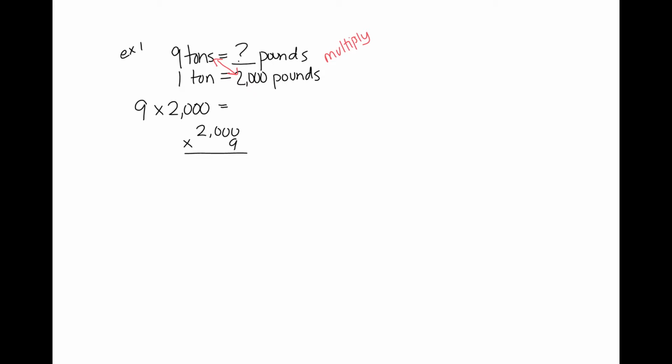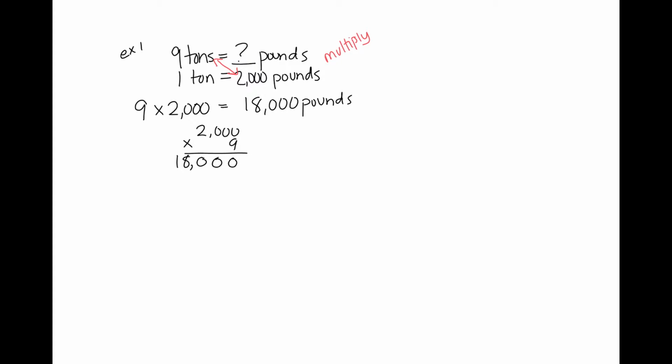So 9 times 2,000. 9 times 0 is 0, 9 times 0 is 0, 9 times 0 is 0, and 9 times 2 is 18. That means that 9 tons is equal to 18,000 pounds. Pretty simple, right? Okay, we're going to get a couple more examples.